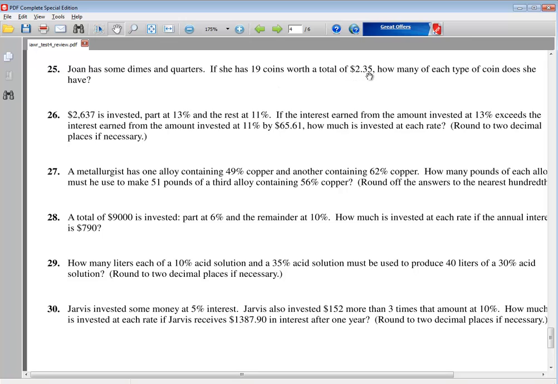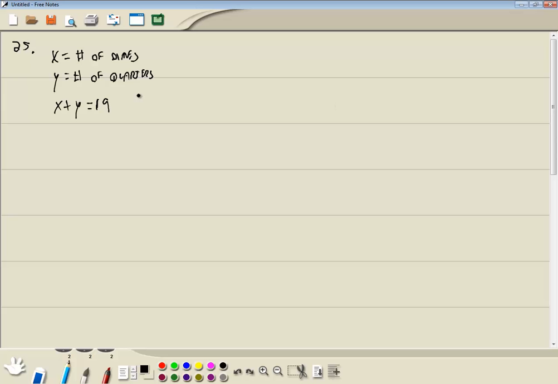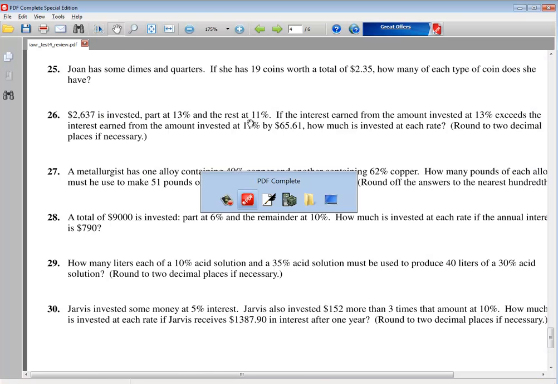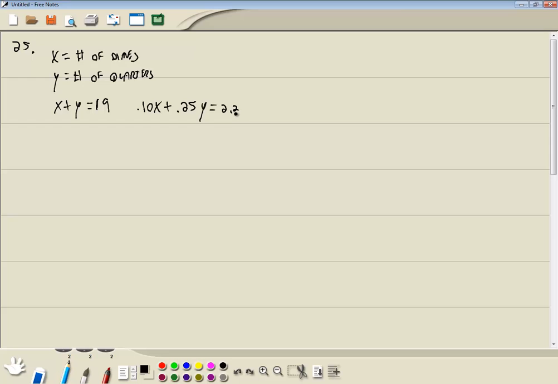And then it tells us they're worth 235. So dimes are worth 10 cents, so that'll be 0.10x plus quarters are worth 25 cents, so 0.25y is equal to 235. I hate decimals, so I'll get rid of them.